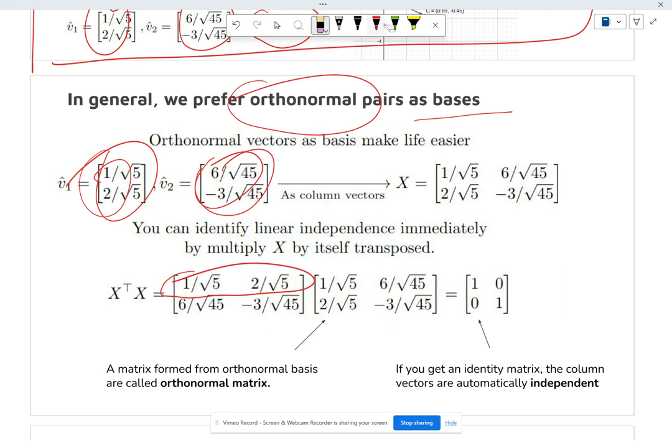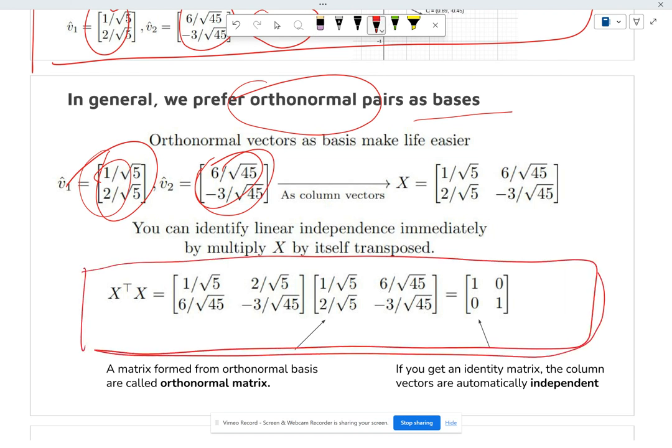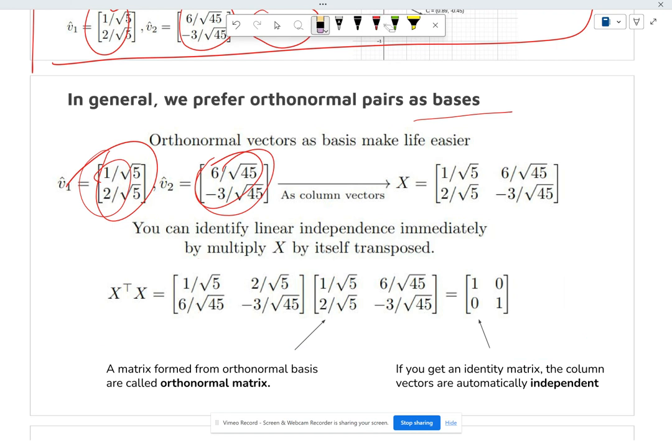Now, this right here leads us to a very interesting property. This is a big reason why we want to work with orthonormal bases. Notice, x times x inverse is equal to identity. And notice, when they're orthonormal bases, then you also reach identity.